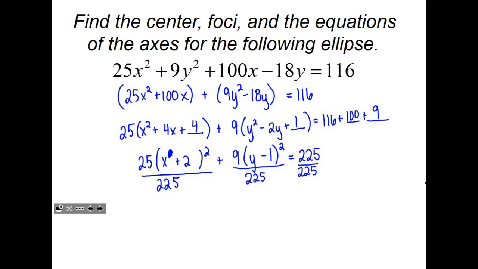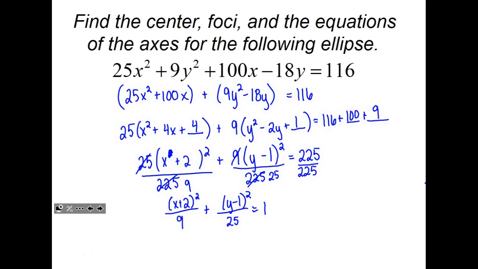And so if we divide top and bottom by 25 here, we'll get a 9 on the bottom. If we divide top and bottom by 9 here, we'll get a 25. So we'll have (x plus 2) squared over 9 plus (y minus 1) squared over 25 will equal 225 over 225, which is 1.